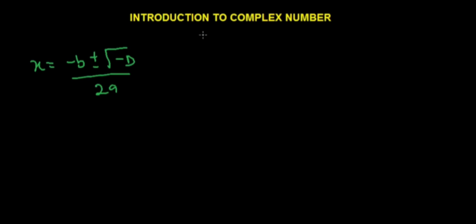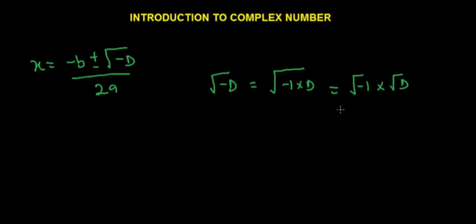So I have something like this. The root of minus D can be written as the root of minus 1 times D, isn't it? And according to the rule of surds, I can see this is root of minus 1 times root D, isn't it? Now here in complex numbers, we call this root of minus 1, we call it what?